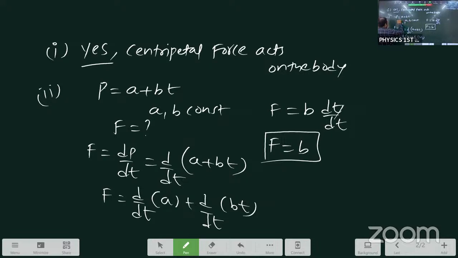The momentum equation is given by P equals A plus BT. This is the Telugu Academy textbook problem. A, B are constants. From this momentum, what is the force? A, B constant; differentiation of a constant means 0. B outside, dt by dt is nothing but 1. Overall, the external force equals B. F equals B.